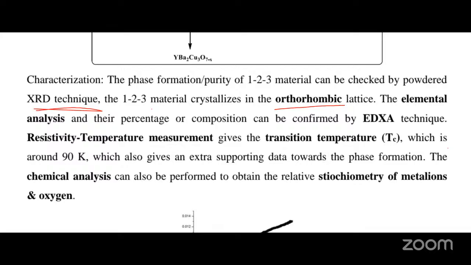How many kinds of elements are there? Yttrium, barium, copper, oxygen: 4 kinds of elements. The percentage of those elements can be identified by elemental analysis, done by the EDTA technique.